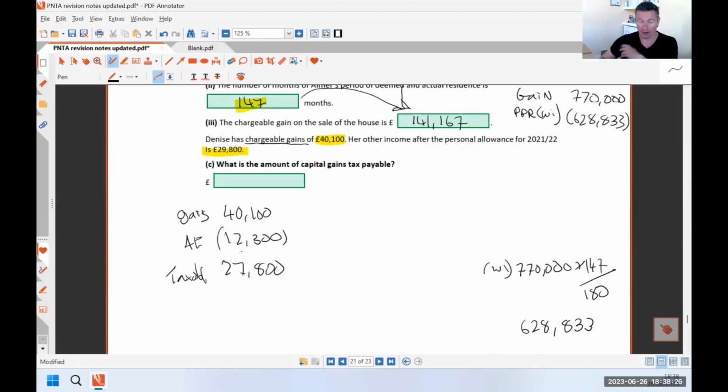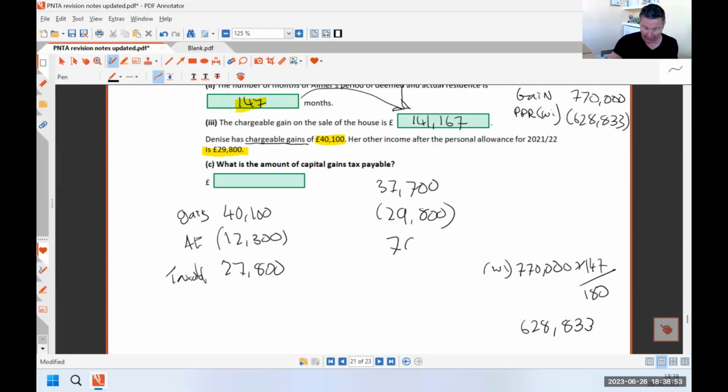She has other income after personal allowance in 21-22 of £29,800. So how much of a basic rate band have we got left? Yeah, Helen's right. Of the 37,700, she's used £29,800.